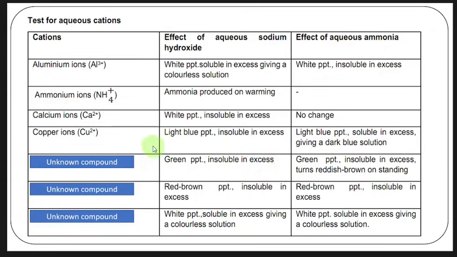Then to the other portion that you shared, you add a few drops of aqueous ammonia, and a green precipitate is formed. In the same way, you add excess ammonia, and that green precipitate stays undissolved, or it is insoluble in excess, then it turns reddish brown on standing. Then you are going to conclude that the compound you were testing contains iron(II) ions.